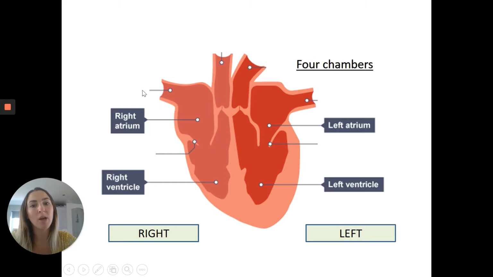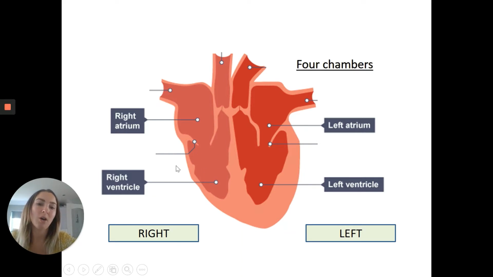So from the vena cava into the right atrium, through a valve here, just to prevent backflow, same as what you would have learned when you were talking about veins in the previous lesson. The valves are there to stop the blood going backwards. Then into the right ventricle.